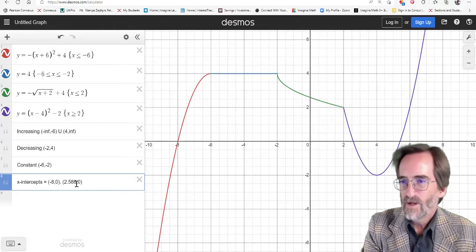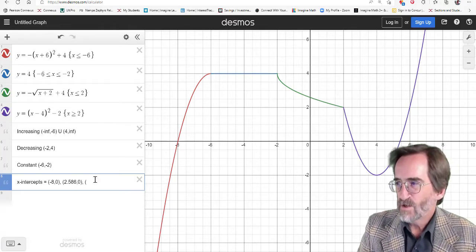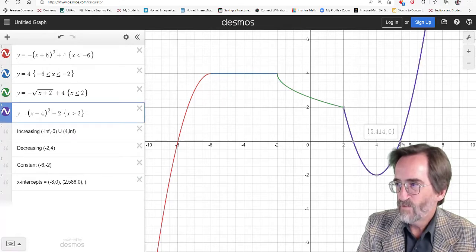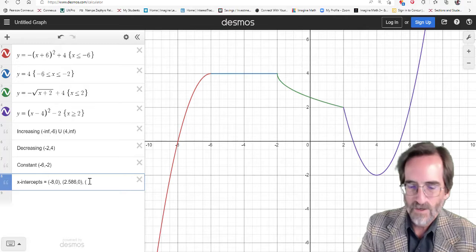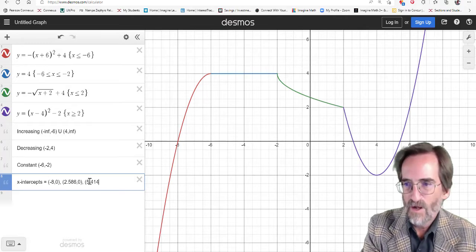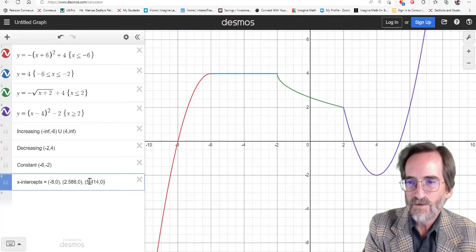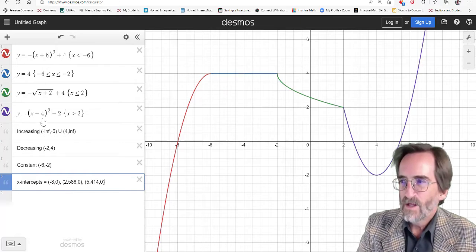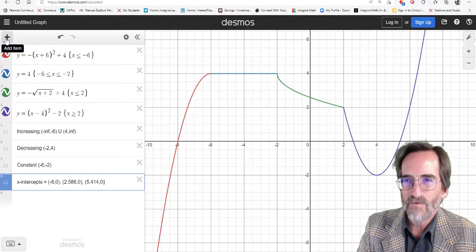We could solve a quadratic equation to figure that out. And 5.4140 are the x-intercepts, okay?